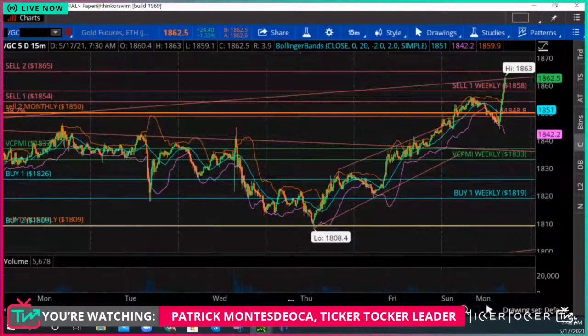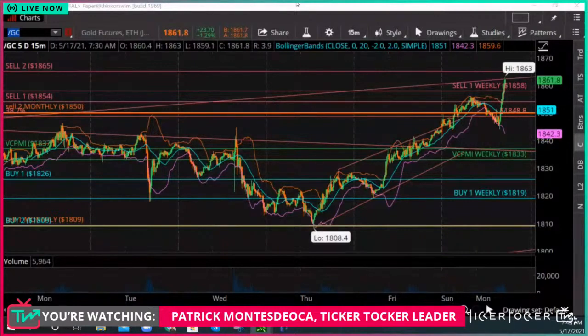The daily target is 65. That 63 seems to be solid resistance on gold here, 61.80 trading last.